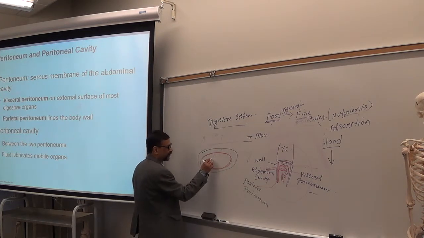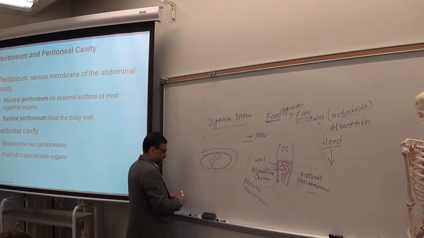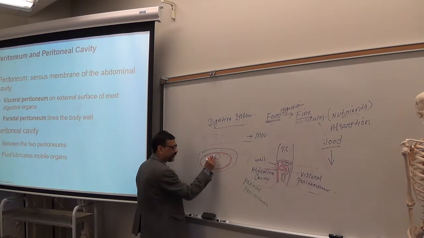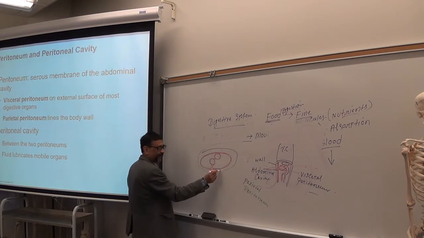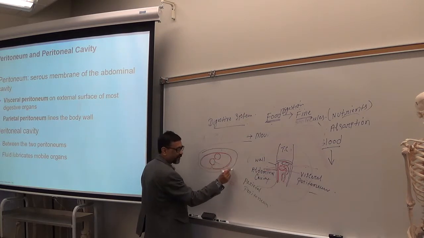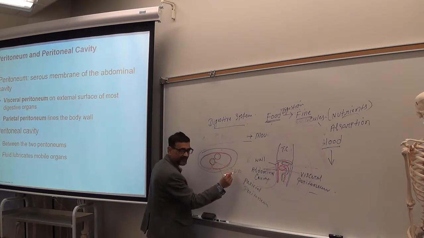For example, this is your liver, this is your stomach. So covering the organs like this, then going like this to another organ, covering it like this. Okay. So this is the parietal peritoneum. This is the visceral peritoneum. Make sense?